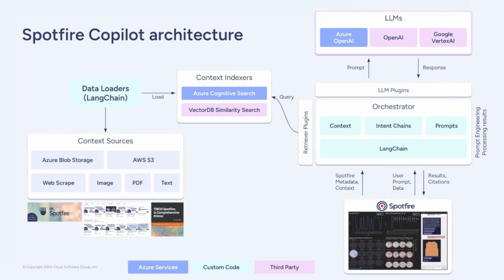Right there, the user prompt, that piece of text, gets accompanied, depending on the nature of the conversation and the mode, with some metadata and extra context by our code, the front end of Spotfire Copilot. It's then sent to the backend component that we call the orchestrator. This is also an official part of Spotfire Copilot. That's part of the download.